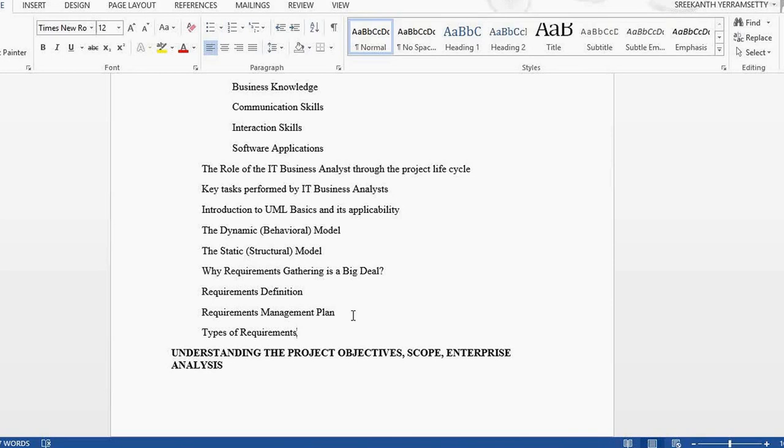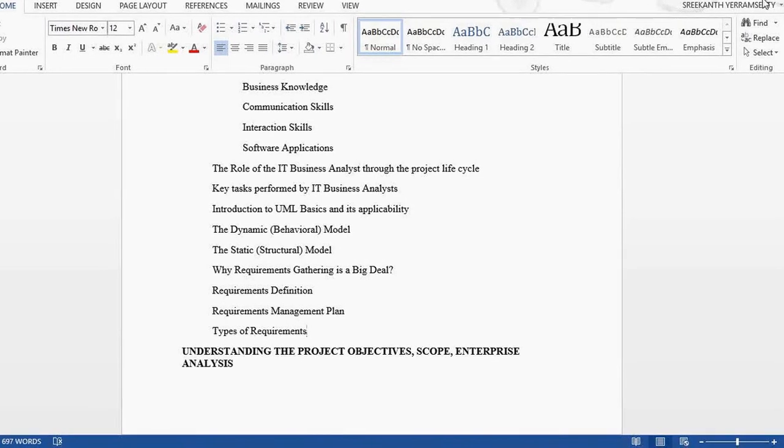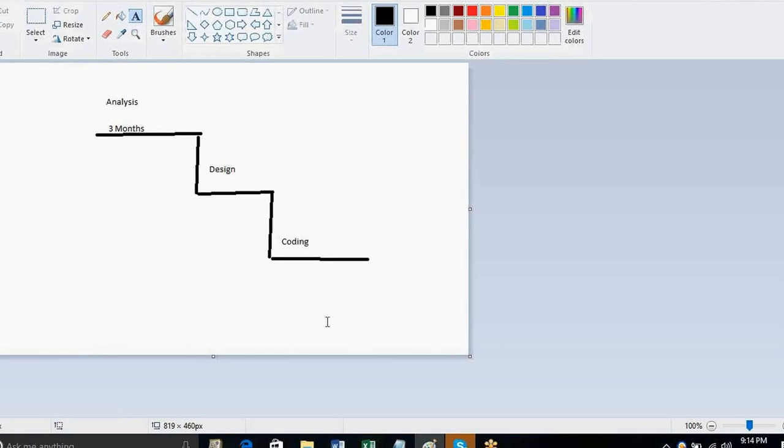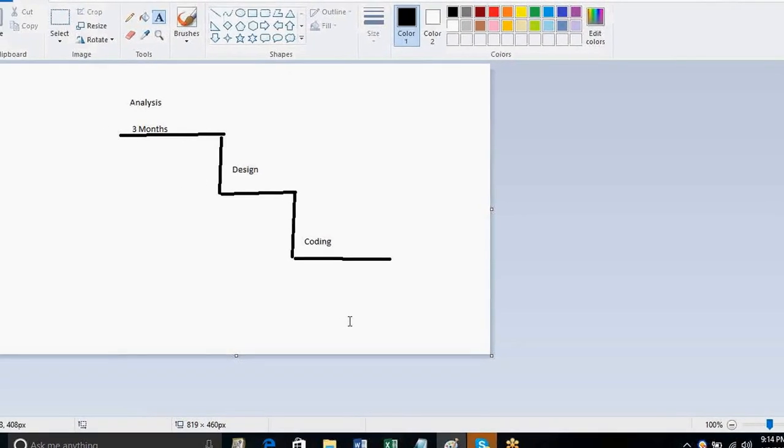Everything will be very smooth for you in terms of how you plan and detail your requirements, how you get the sign-offs, and at what point you call it all done and get the sign-off before your developers code that piece of requirement. So that's why RUP is a very iterative process.